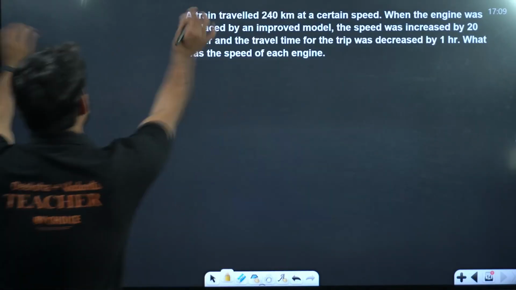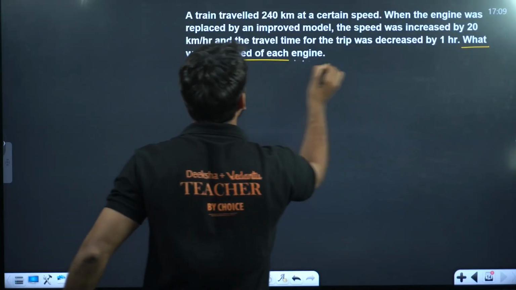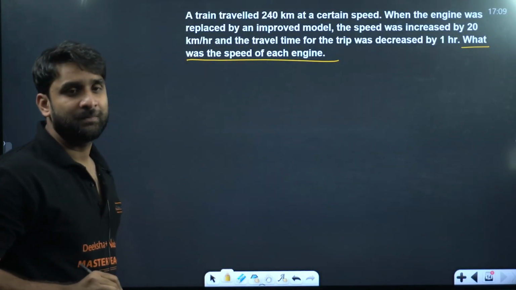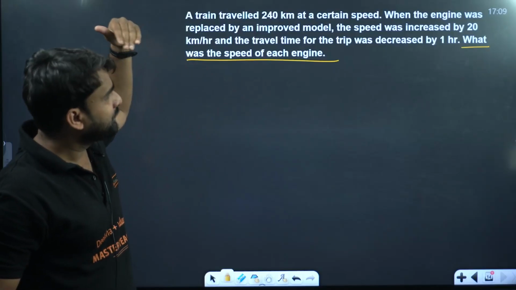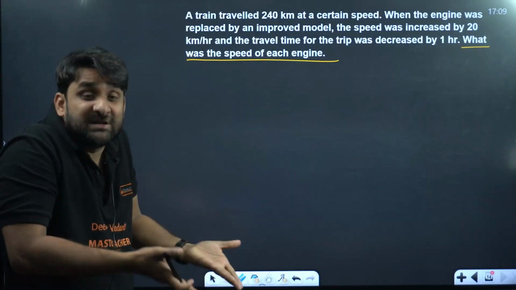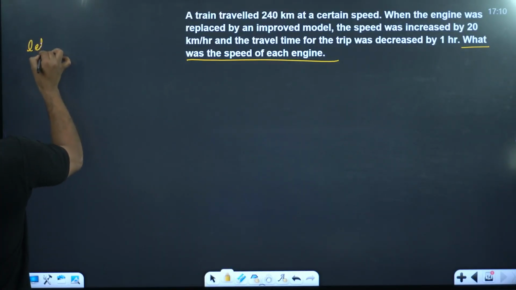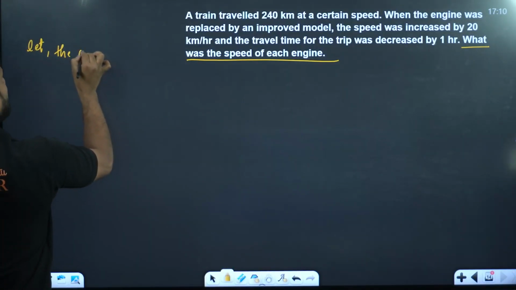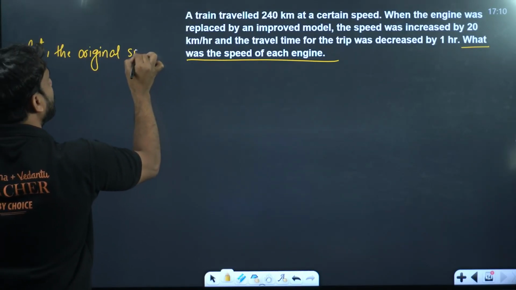So let's suppose. Always make sure to suppose. We don't know the speed of the engine before or after increasing the speed, so let's assume the original speed.